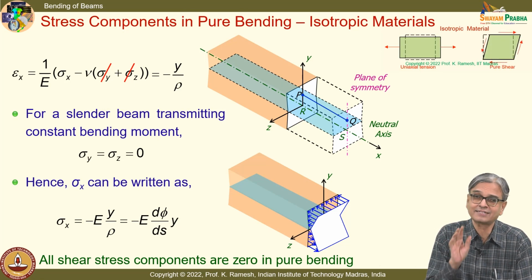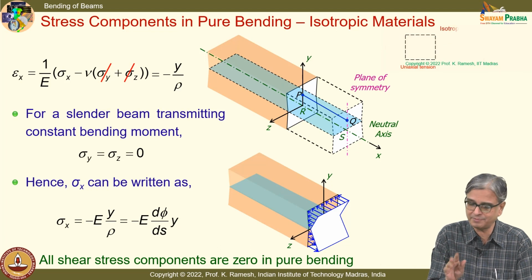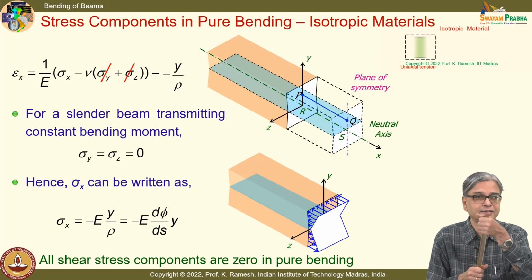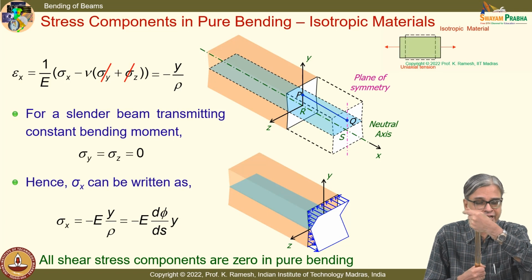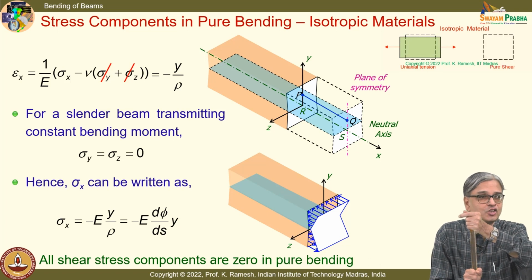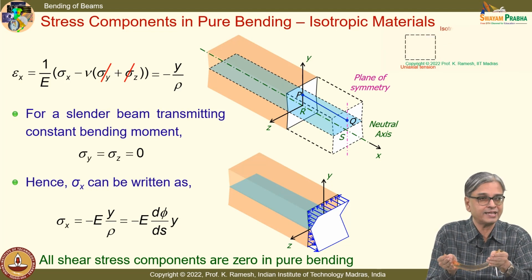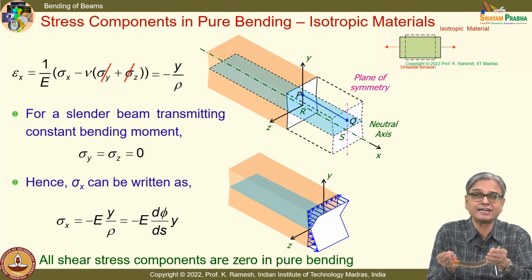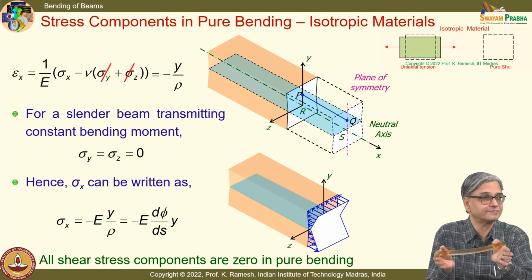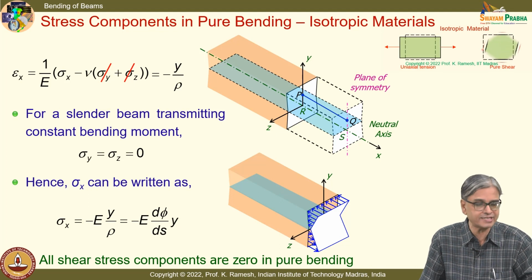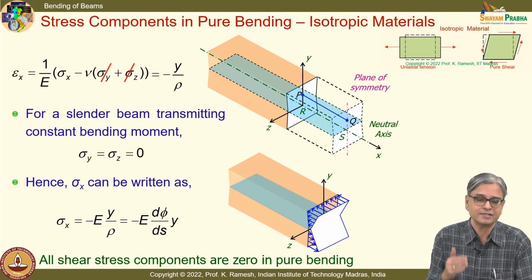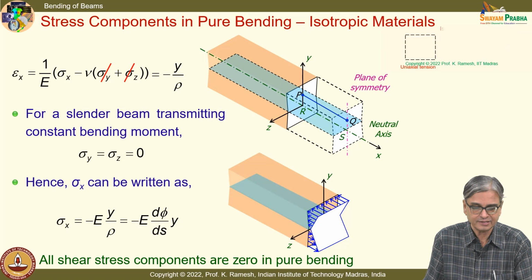We had only axial stress in the case of a simple tension member when I pull it, only shear stress in torsion, which varies linearly. And when I do the bending, I have only bending moment transmitted and it has only normal stress. So we have taken problems consciously so that we have very simplified results.